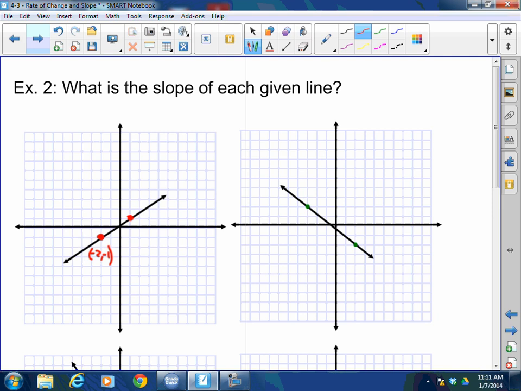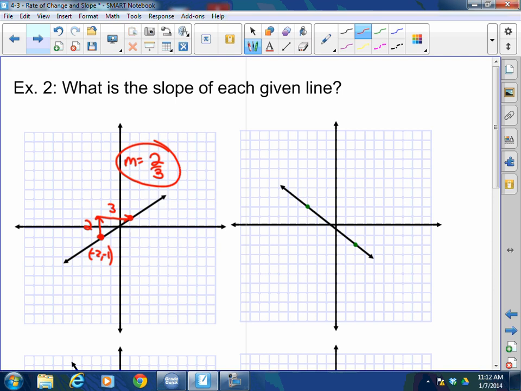I went up 1, 2, that's my rise, and I ran 1, 2, 3. So my slope is 2/3. Now, it's positive, so it should be going up from left to right. This line does go up from left to right. We're golden.